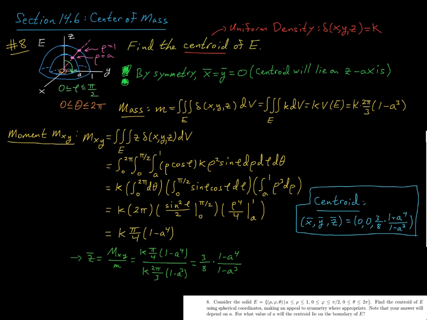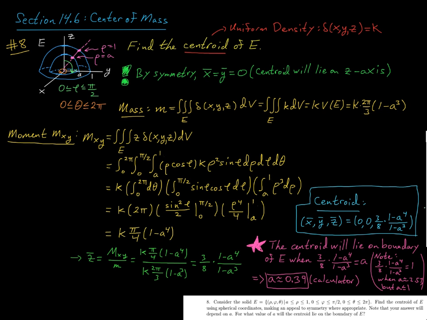Okay, so finally, when will the centroid lie on the boundary of our solid? Well, for that, we would want the z-coordinate of our centroid to equal this inner radius. So in other words, we want this expression to equal a. So if I set that equal to a, this is a rather complicated equation.